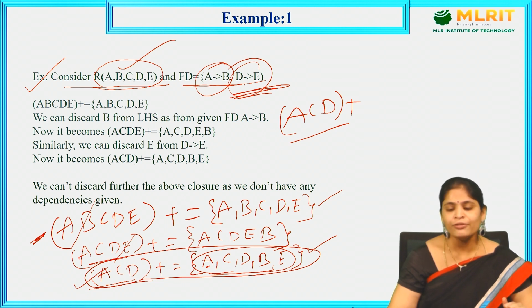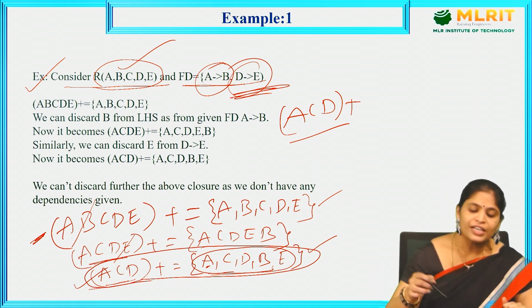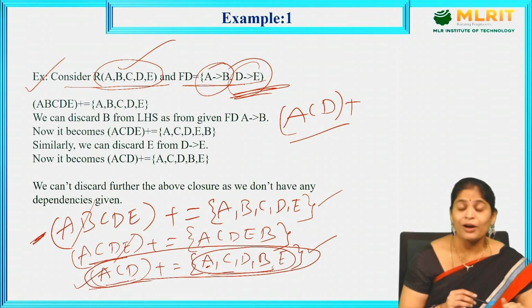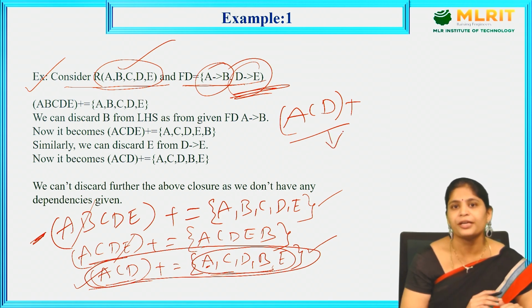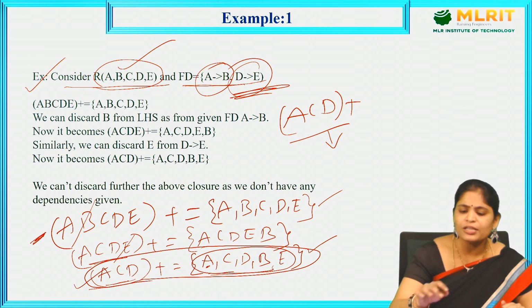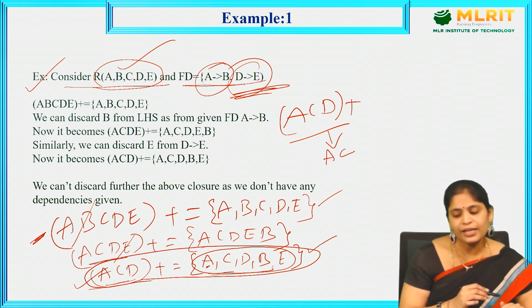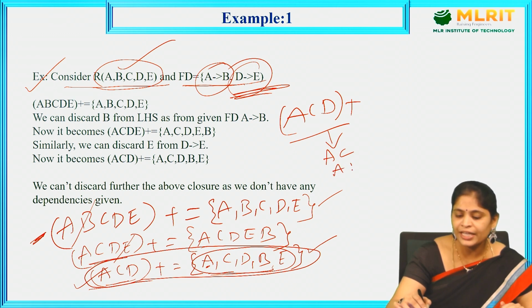Clear? Now we need to check the candidate keys. How to find the candidate keys? What I said: a candidate key is nothing but a minimal super key. That means we have to find the proper subsets of this super key. So what are the subsets here? AC can be one subset, AD can be one subset, CD can be one subset.